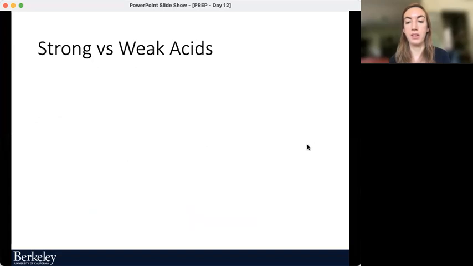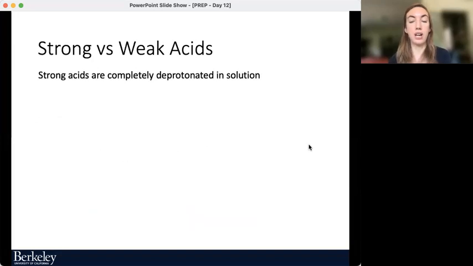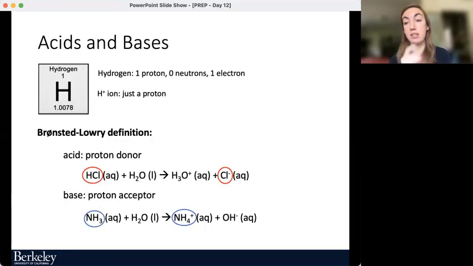Okay. So a strong acid is one, and this is pretty much the same idea as splitting up our ionic compounds into their ions. This is just a special case where for the acid, it's specifically a proton that's the cation that goes and bonds with water.